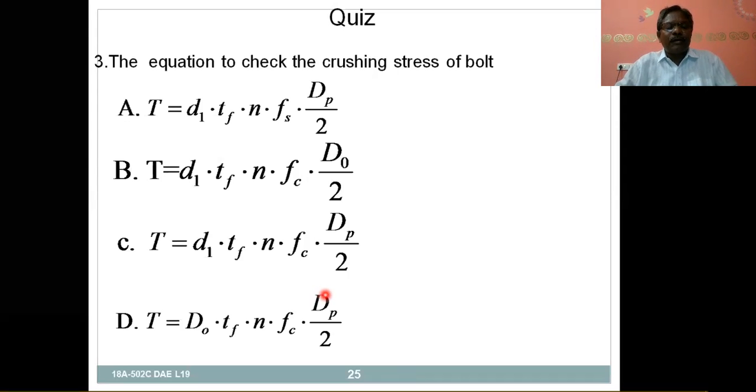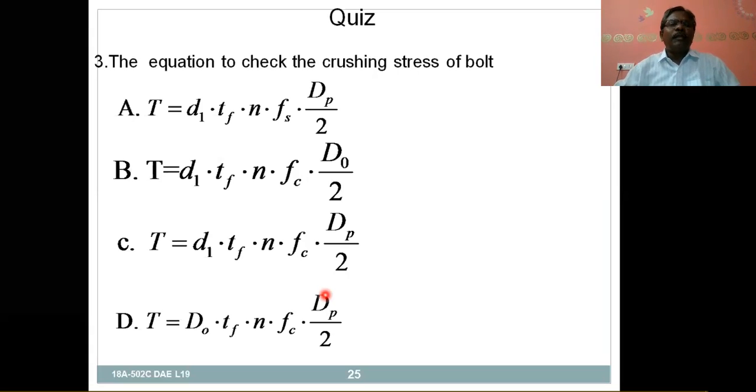If you see D also, T is equal to DO. DO is not the diameter of the bolt, it is the outside diameter of the flange. That's why there is no possibility for answer A because FS is there, and B, if DO is there, that is also a wrong answer, and D, where only DO is there, is also a wrong answer.